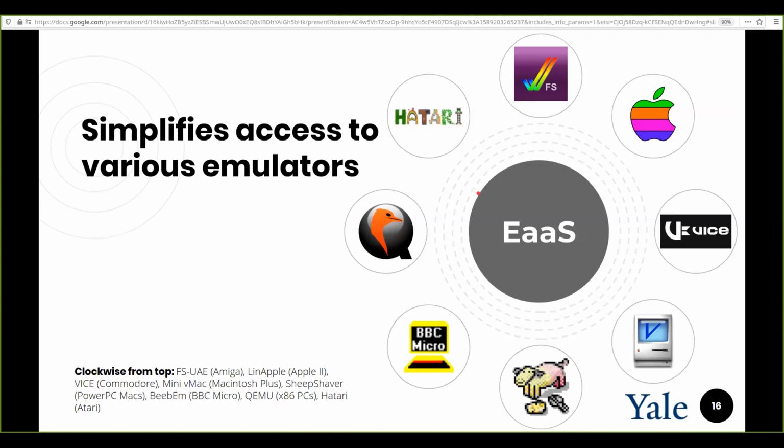Instead of having to separate out your efforts and figure out, oh, I need an Apple II emulator, oh, I need a Commodore emulator, oh, I need a PowerPC Mac emulator, and having to go out and follow the instructions for each of those programs individually, you can just pop them all into emulation as a service and centralize all those different components.